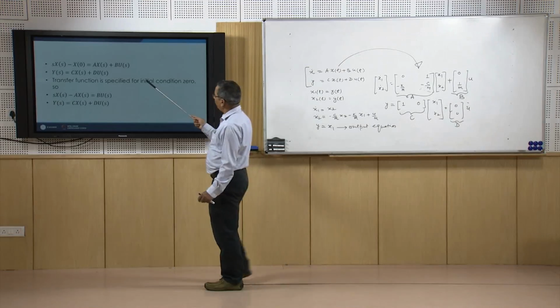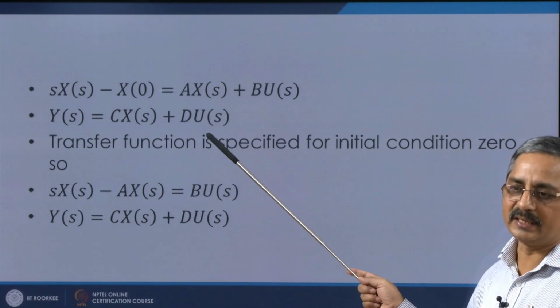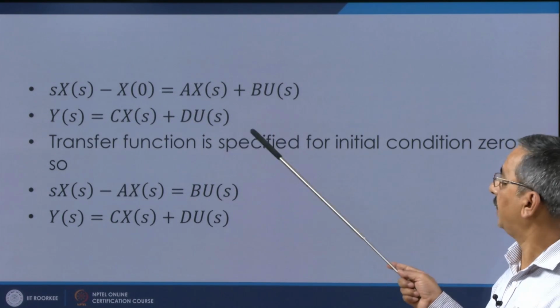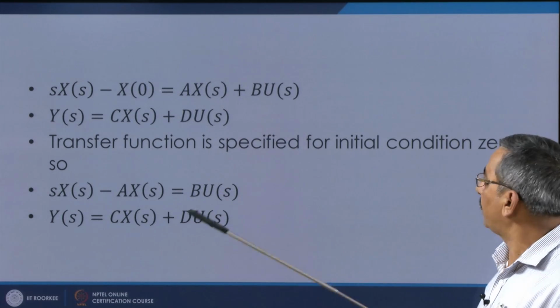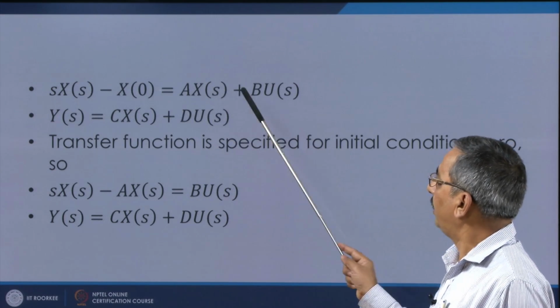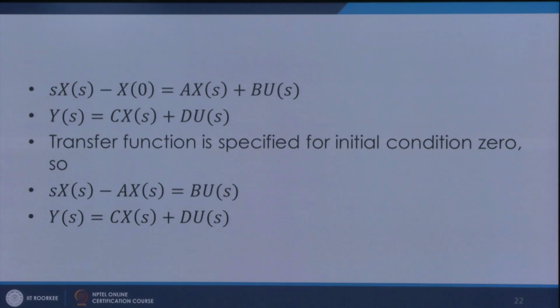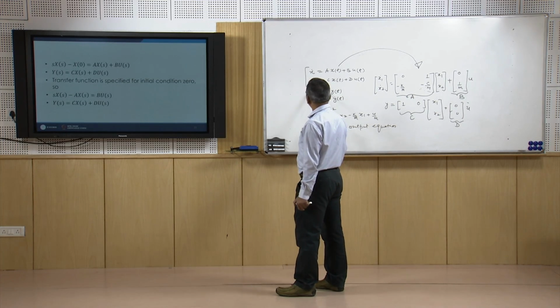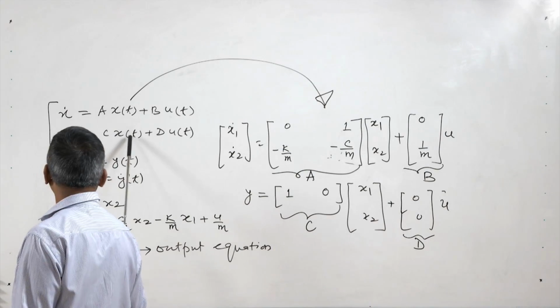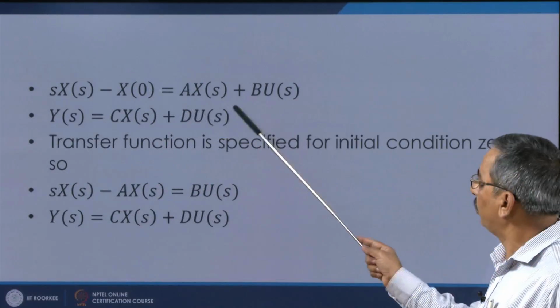We use the capital letter representation for the parameters in the Laplace domain; here s indicates that these are in the Laplace domain. Similarly, I can take the Laplace transform of the output equation: Y(s) is CX(s) plus DU(s).